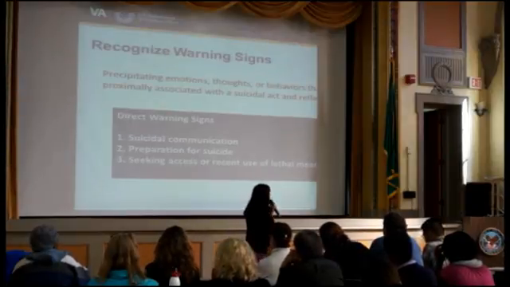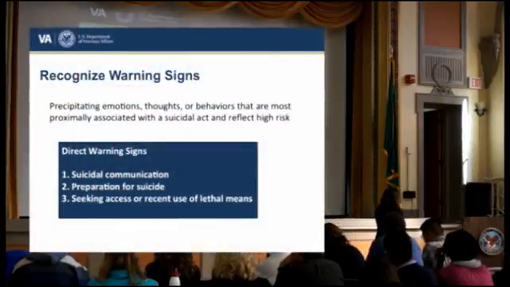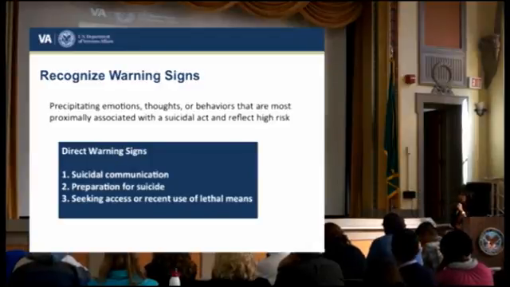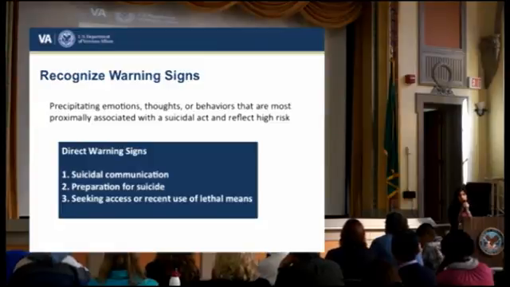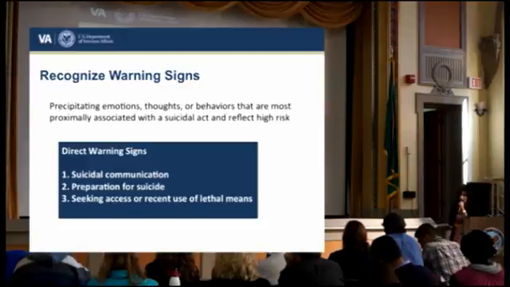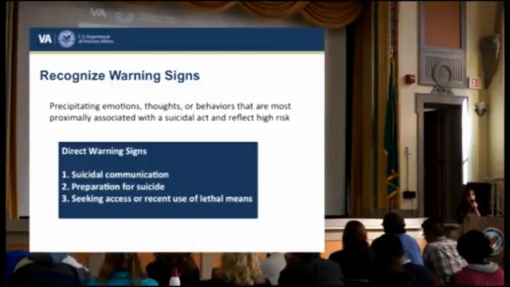But there are three that are pretty direct and are a pretty good indication that some type of intervention may be needed. That's communicating about suicide: telling family members, alluding to it, or coming in and telling their provider that they're thinking about this, and it's really distressing to them and they don't know if they can keep themselves safe.